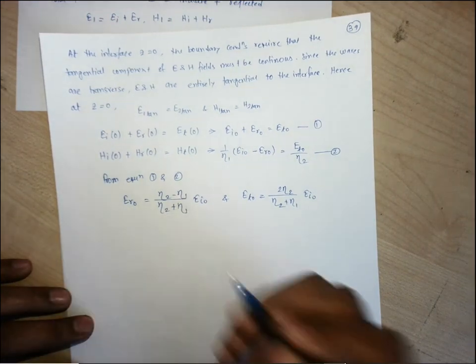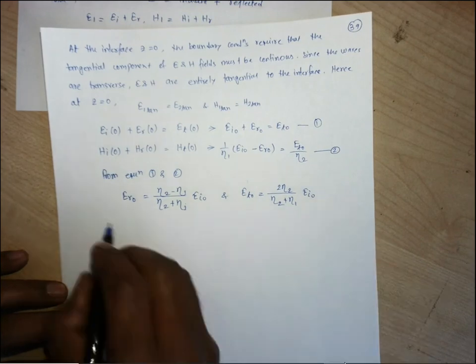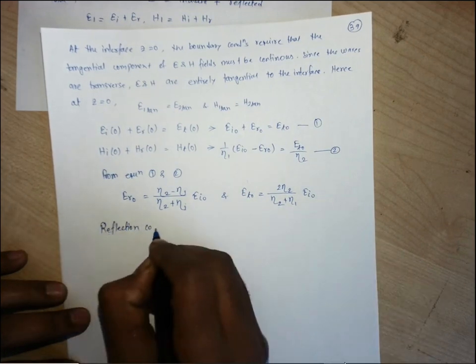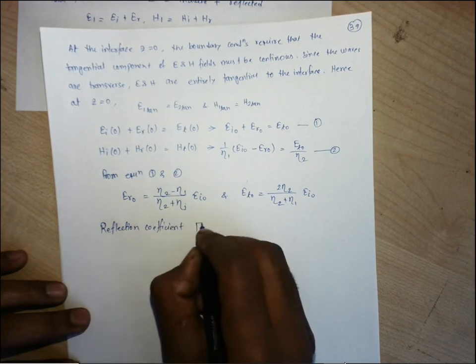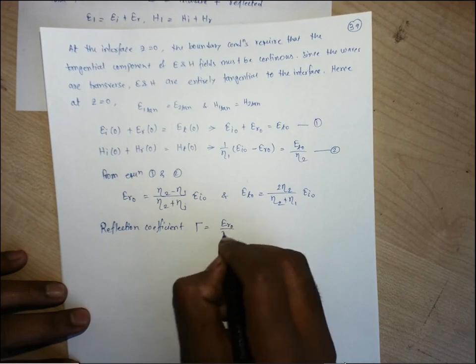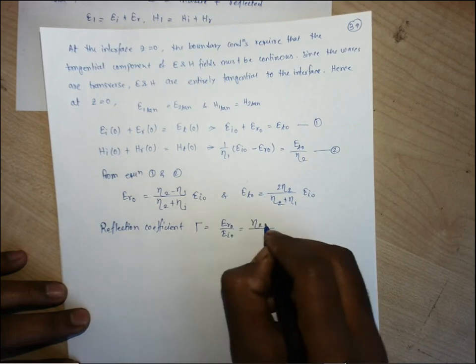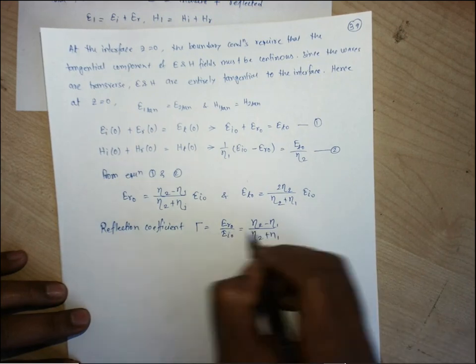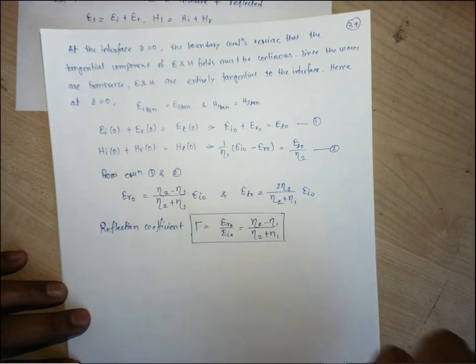If you take the ratio of reflected by incident, that is known as the reflection coefficient, gamma. It is reflected by incident, which is eta 2 minus eta 1 by eta 2 plus eta 1. This is the reflection coefficient.